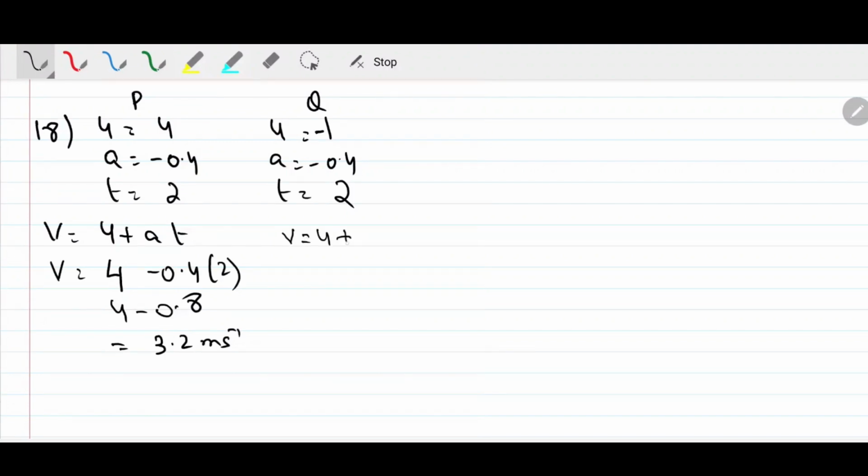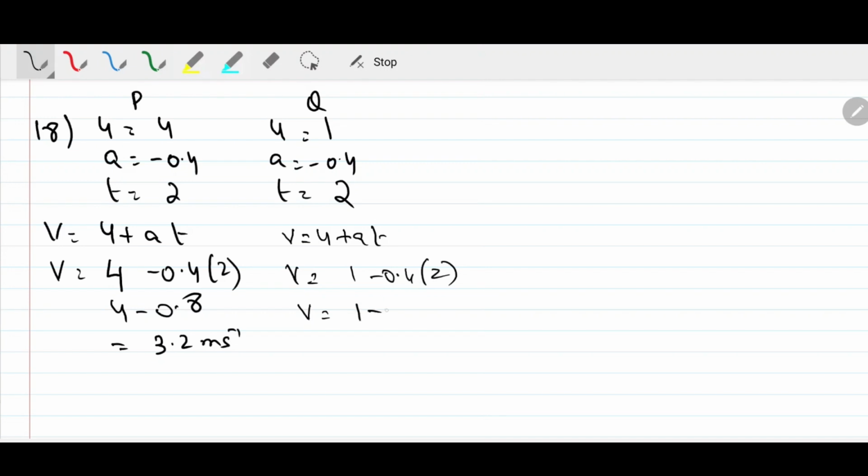V is U plus at. U is minus 1, a is minus 0.4 into 2. But when we are considering the velocity, we will consider only the positive signs at the moment, because irrespective of the direction, the speed is slowing down.